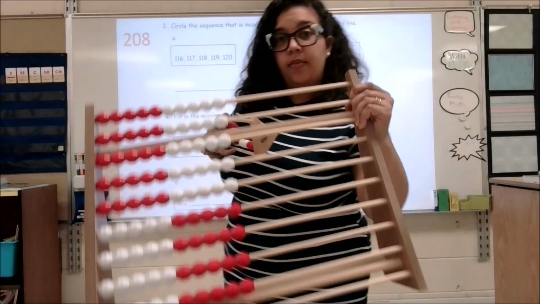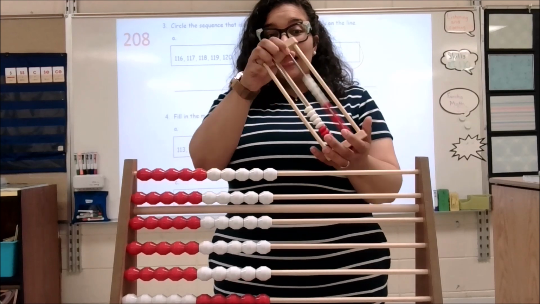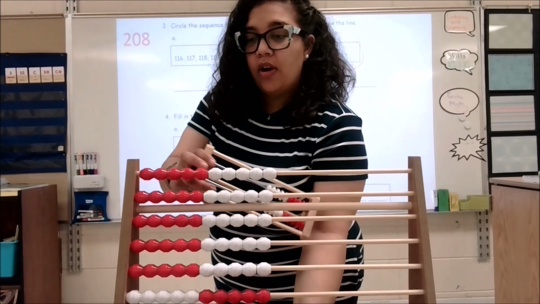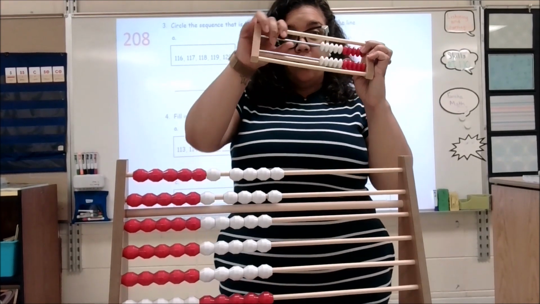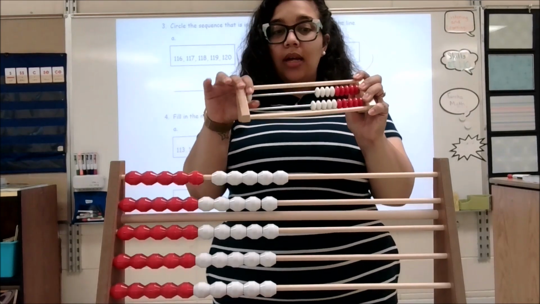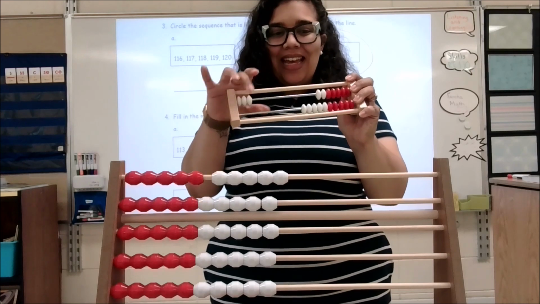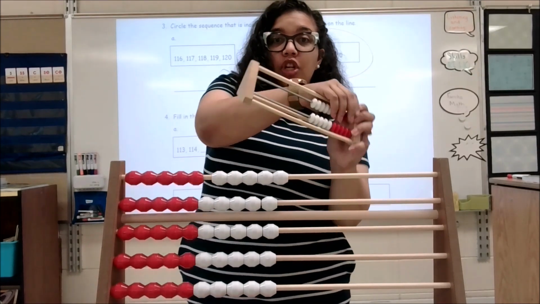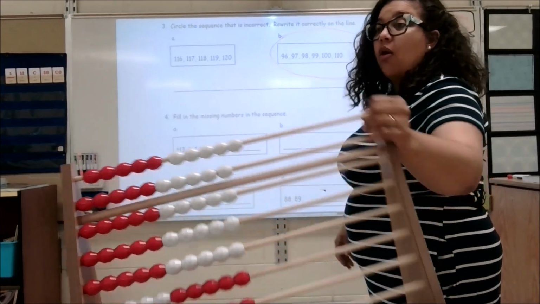So we went from 10 tens immediately to 11 tens without stopping along the way. You can't do that. You go from 10 tens and add one more: 10 tens 1, 10 tens 2, 10 tens 3, 10 tens 4. So you can't just jump to the next group of 10. You have to fill in all the spaces.